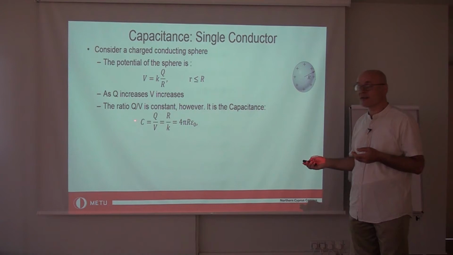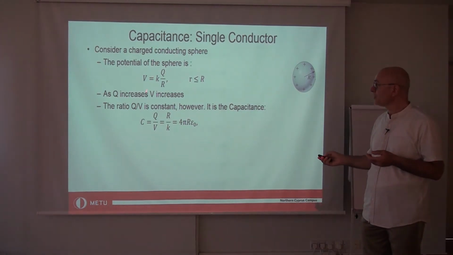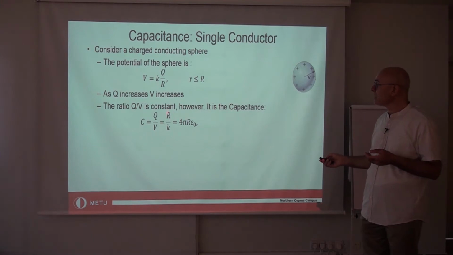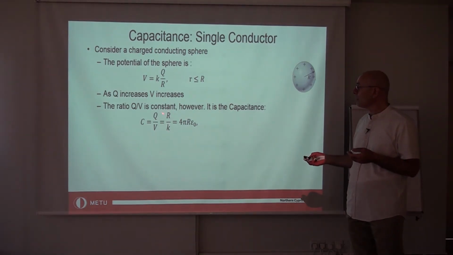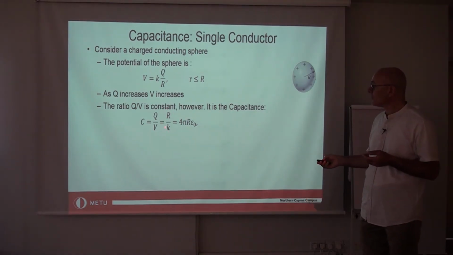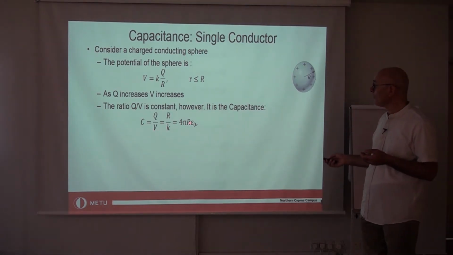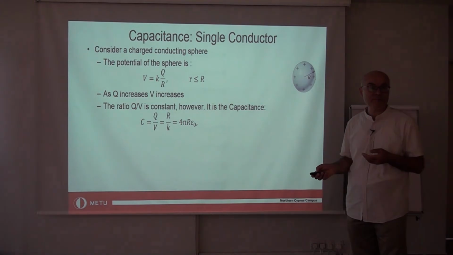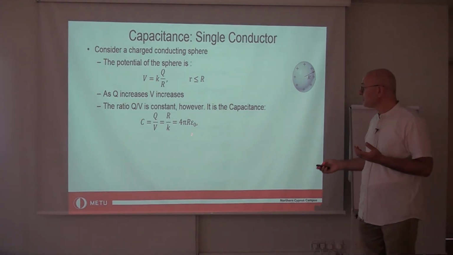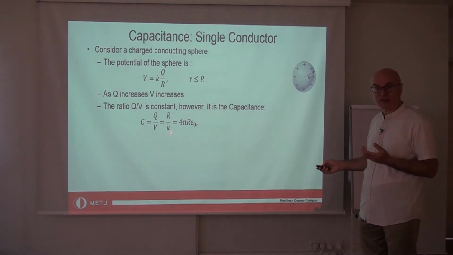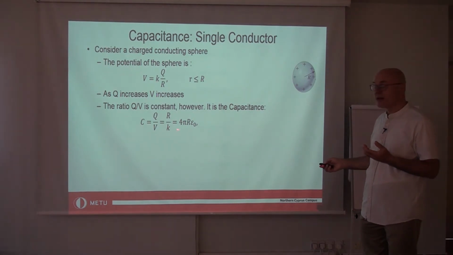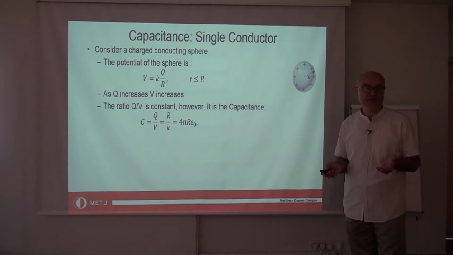And what is this constant? If you divide q by V, then the expression that you will get is r over k, that is r over the Coulomb's constant, and this is just 4 pi epsilon naught r. This is a quantity which depends only on the dimensions of the conductor, which is r, and on the permittivity of space.